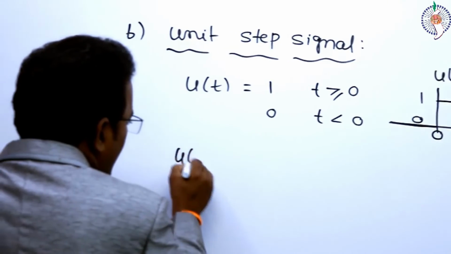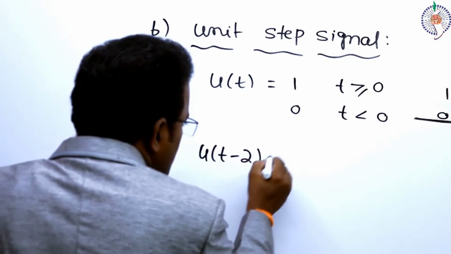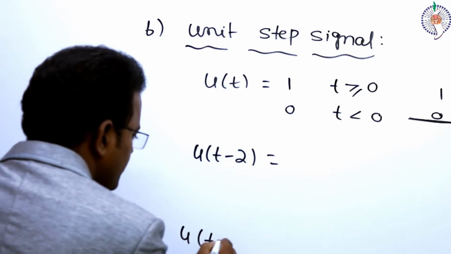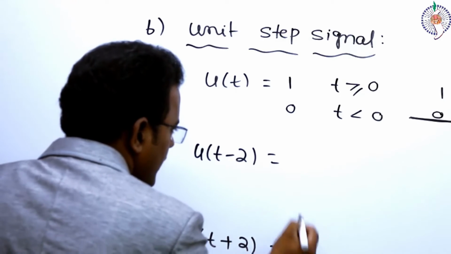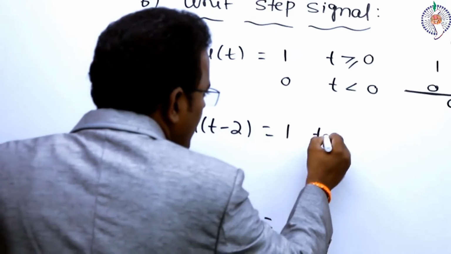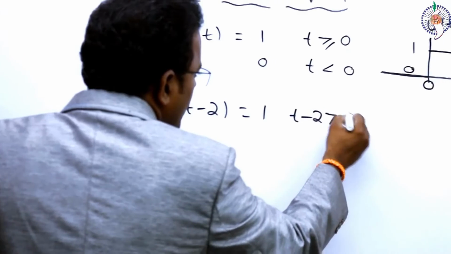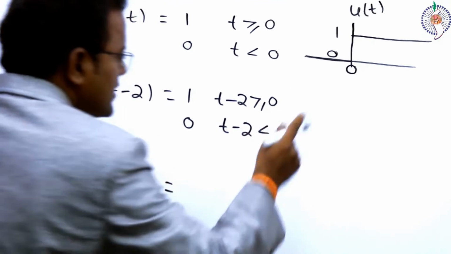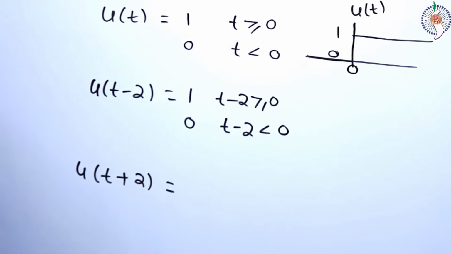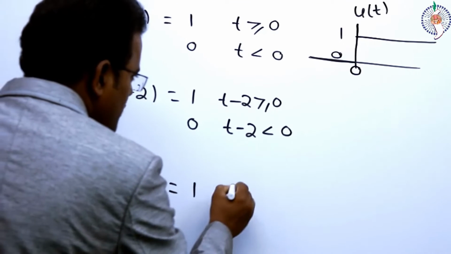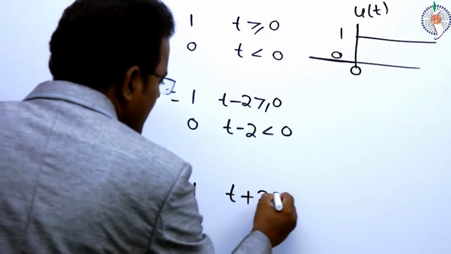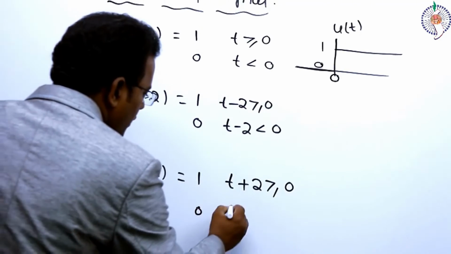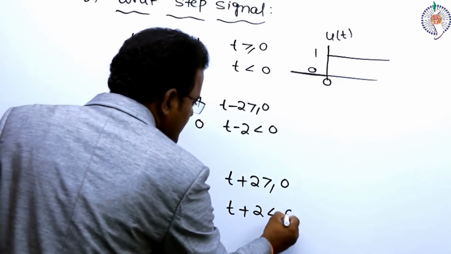For example, if I have u of t minus 2 or maybe u of t plus 2. Yes, its value is 1 when the argument is greater than or equal to 0, and 0 when the argument is less than 0. Here also, its value is 1 when the argument is greater than or equal to 0 and 0 when the argument is less than 0.